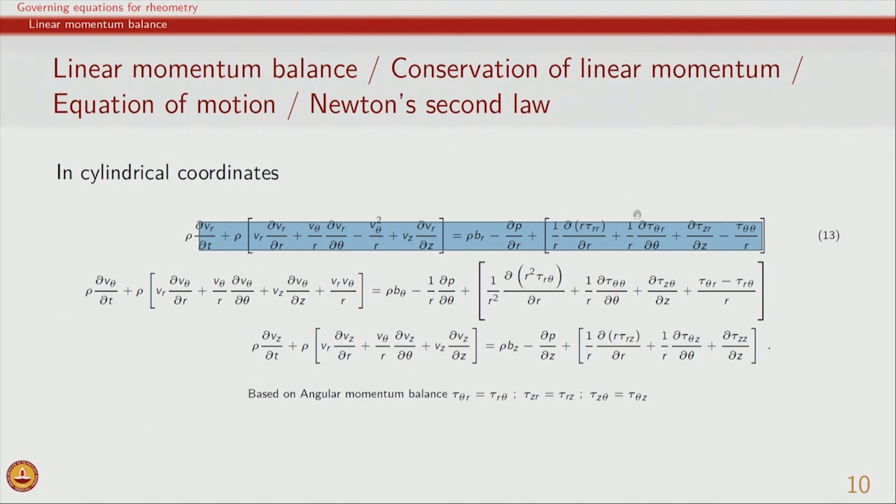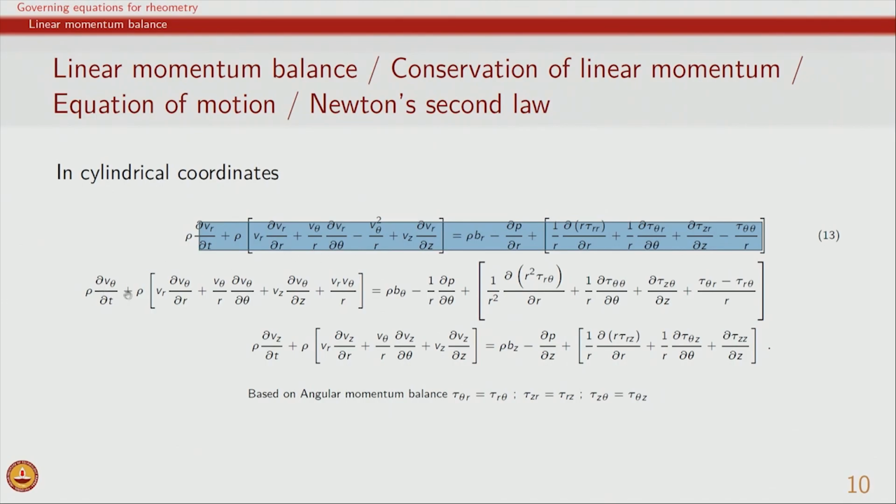In this balance we also have a term which is due to the flow in the theta direction. That is what we know as centrifugal acceleration: if there is a motion in the circular direction, there is a force in the r direction. This is the inertial term, and if Reynolds numbers are high, then this term will be significant.